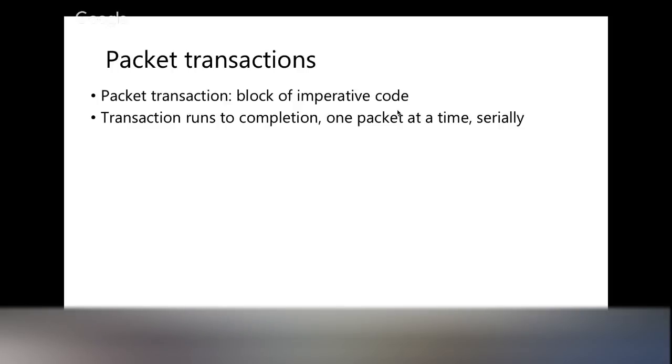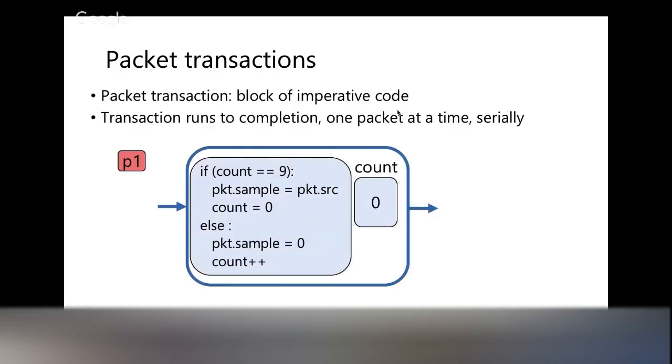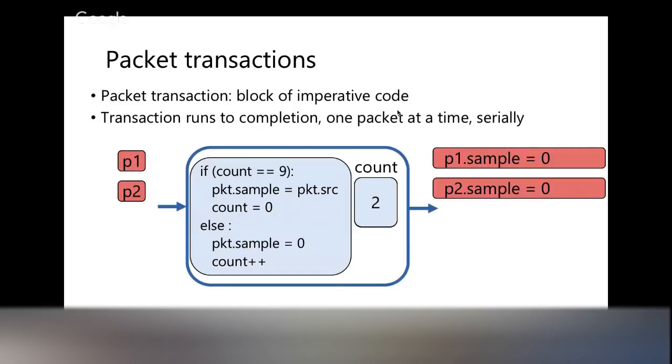So here's an example. This is an algorithm that samples every 10th packet by counting from 0 through 9 and sampling the 10th packet. So let's say you get P1. At the end of P1, count is incremented to 1, but it's not sampled. With P2, you have a similar story, but notice that we're processing P2 only after P1 is completed.